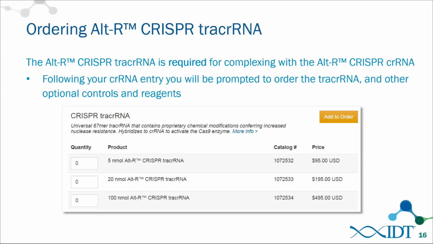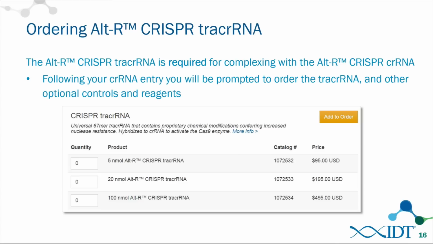One thing to be considered at the time of order is what is the application of the CRISPR RNA tracer RNA complex? Is it going to be in tissue culture transfections in a 96-well plate? If that's the case, a 5 nanomole deliverable will allow for about 1,000 96-well plates to be transfected, and scaled from there.